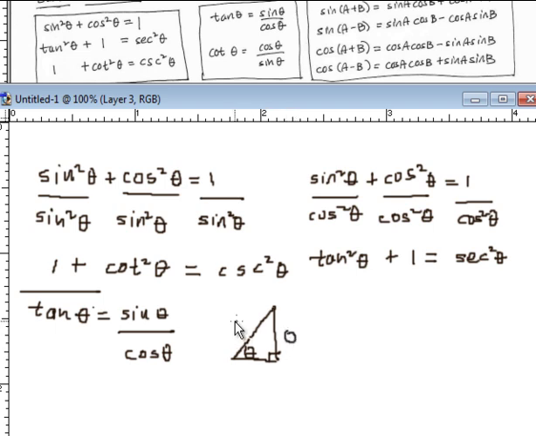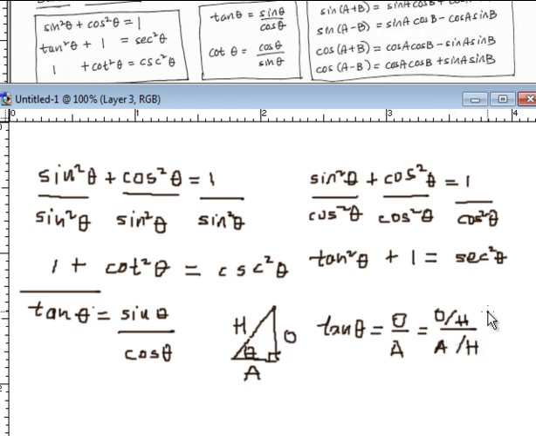This is opposite, hypotenuse, adjacent. Alright, so tangent theta is opposite over adjacent. And if we just divide top and bottom by the hypotenuse, we get opposite over hypotenuse, adjacent over hypotenuse, and what is that?